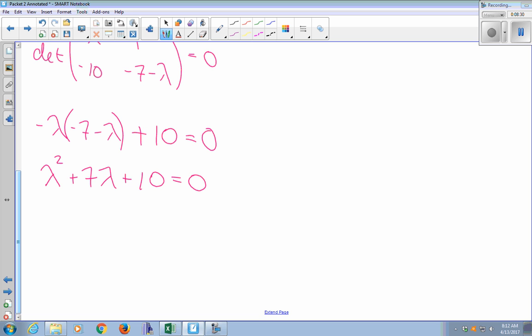In fact, I think in a lot of physics or engineering disciplines, they use the letter s for eigenvalue, instead of lambda, because of the e to the st thing. All right, so we know the solutions to this thing. We get lambda is negative 5 and negative 2.